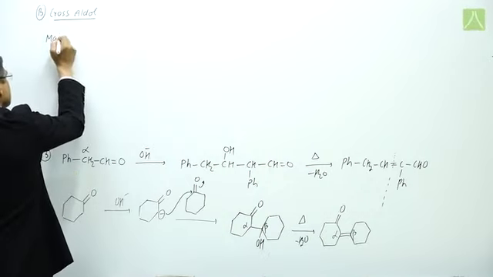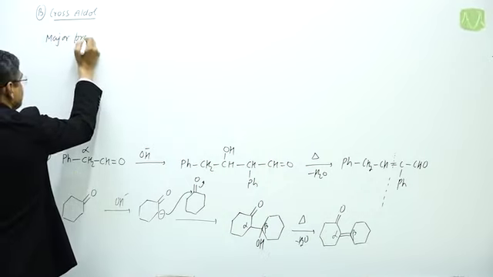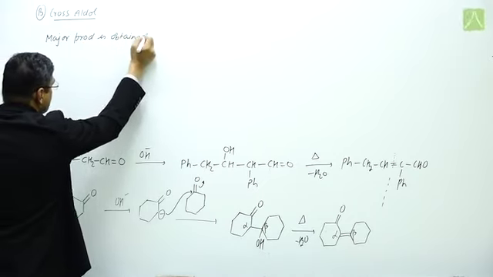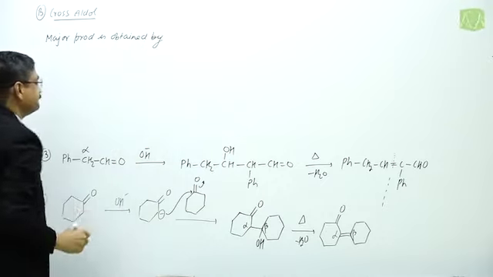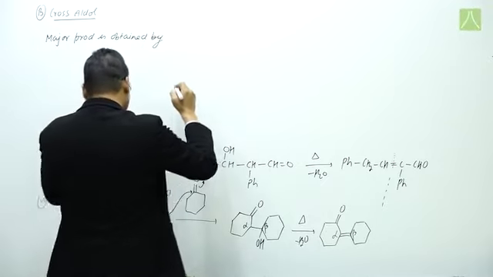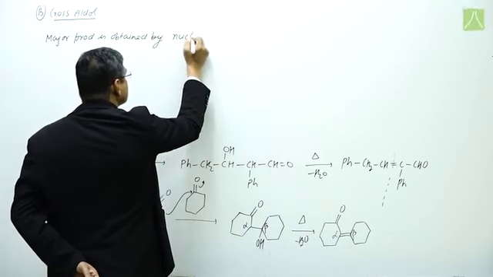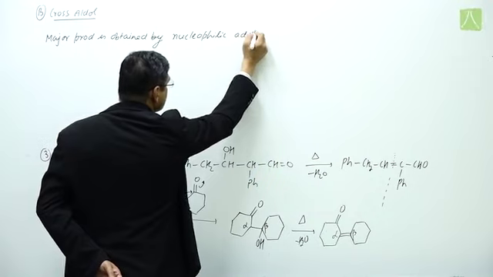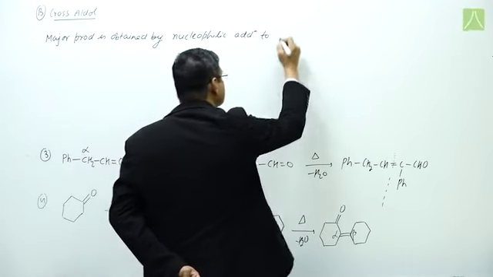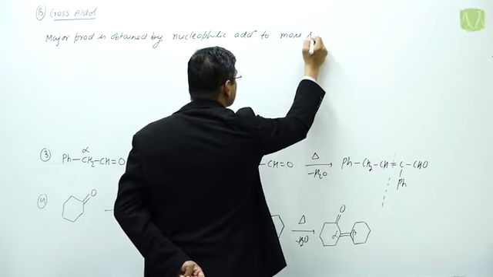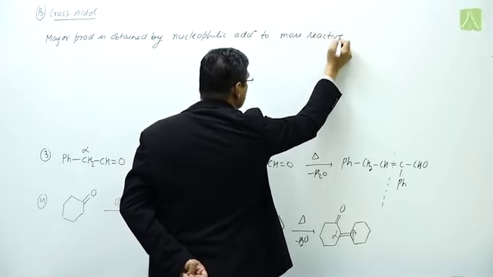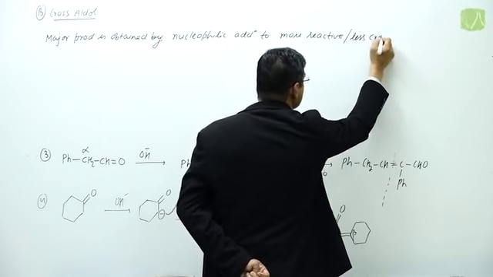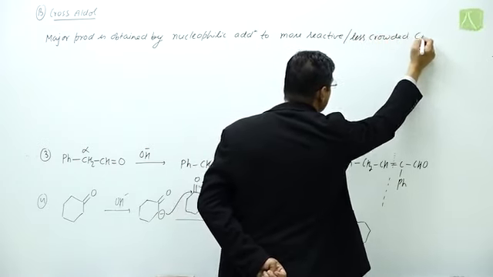Major product in case of cross-aldol is obtained by nucleophilic addition to more reactive, less crowded carbonyl.